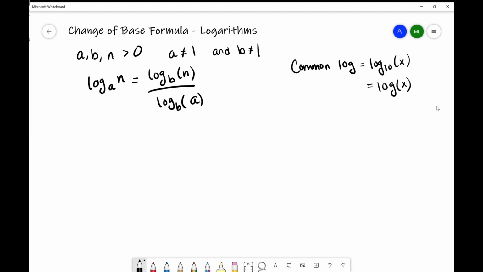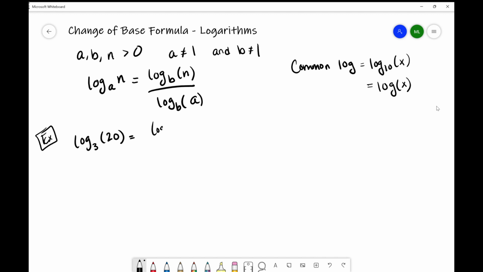So let's look at an example. Let's say we've got log base 3 of 20. Let's say we have this, and I want to change it around, and you can use any base, but right now I use the common log.